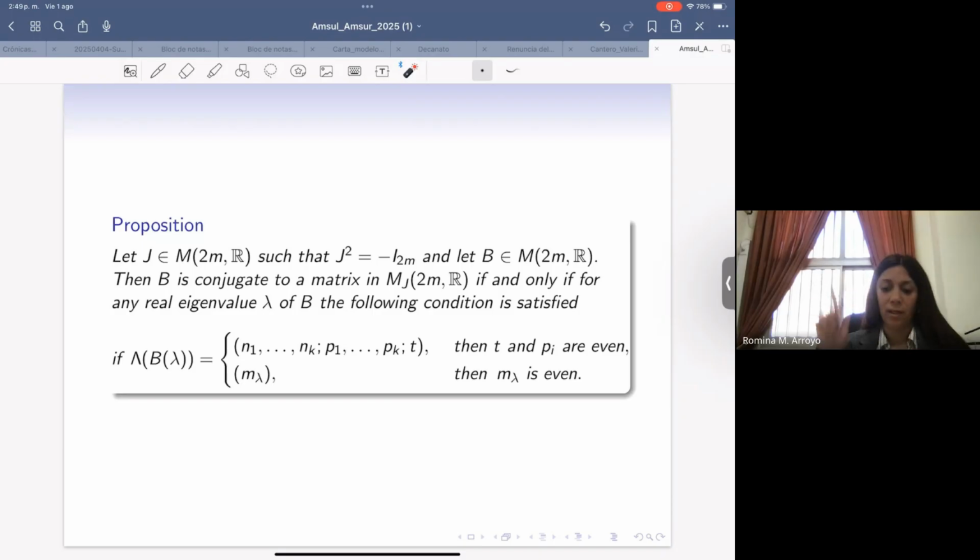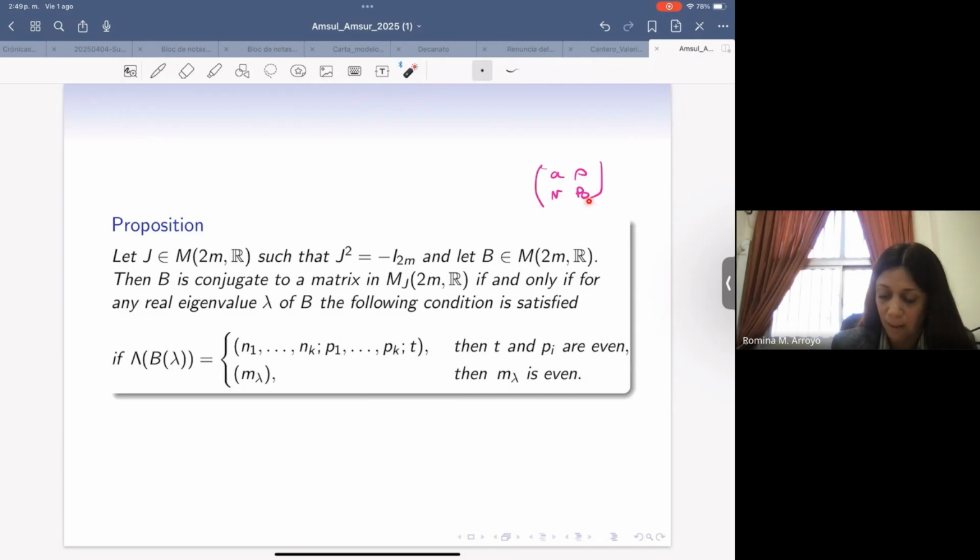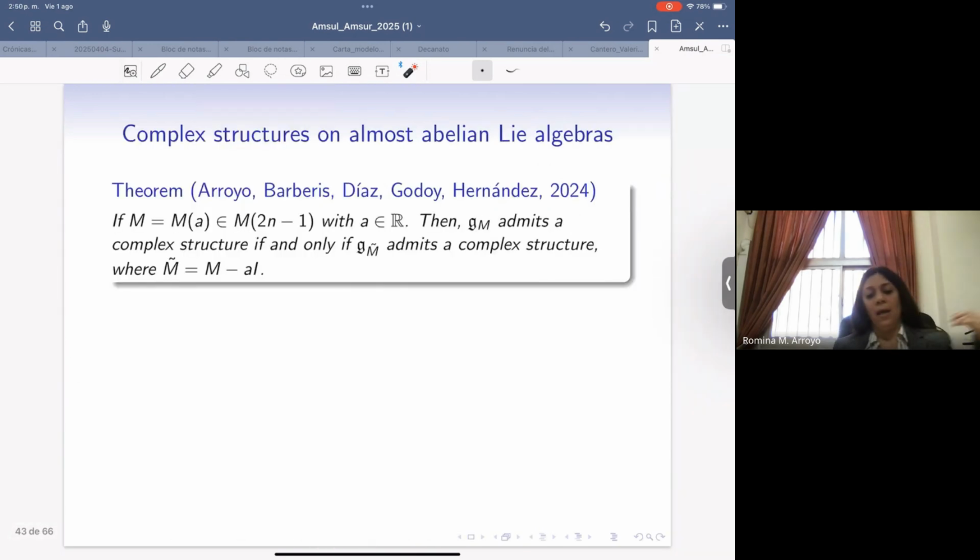So now we understand what happens with B. At some point we had something like this, so we understand this part pretty well. Now we want to consider the whole matrix. First, we prove this result where we only consider matrices which have eigenvalue A, and A is real.